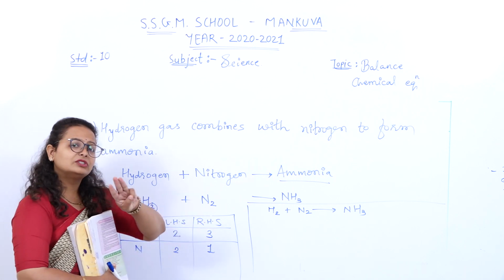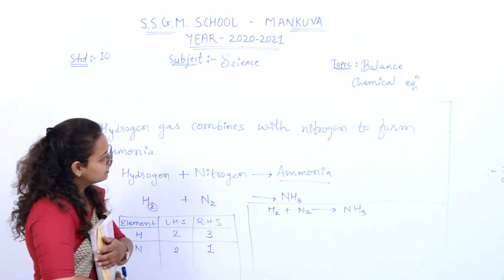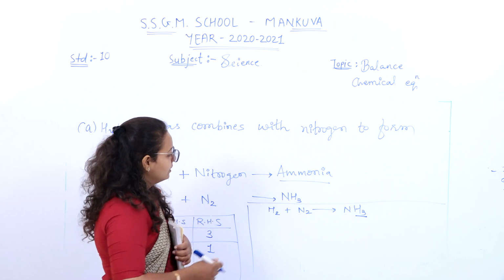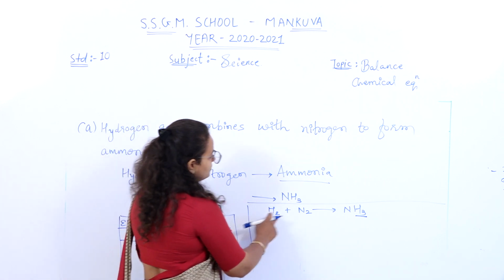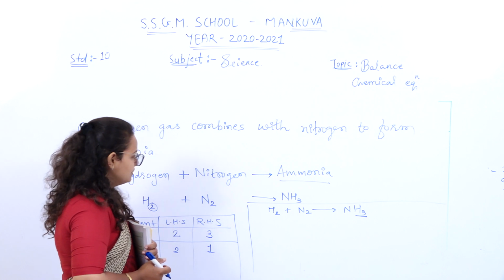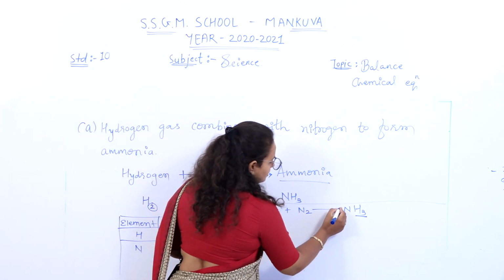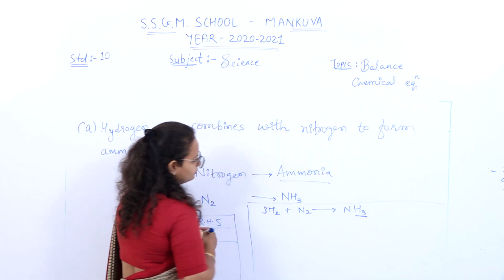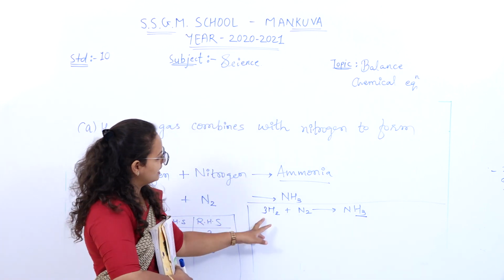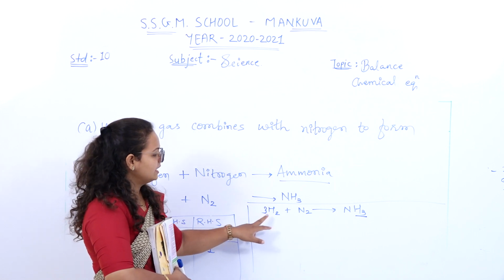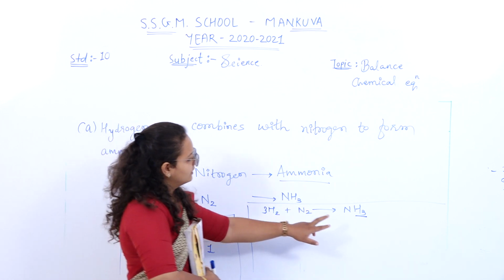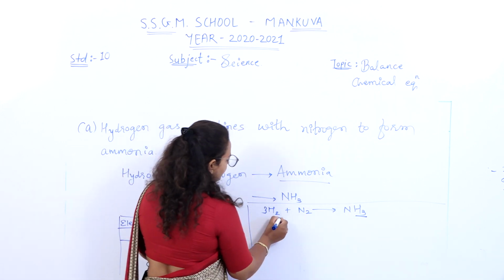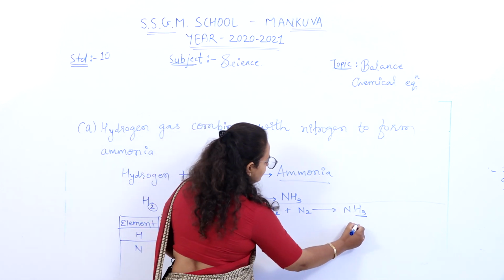On the right hand side 3 atoms are there. If I want to balance hydrogen on both sides, I will make 3 here. How many hydrogen are there now? 3 twos are 6. Right hand side 3. Now, left hand side 6 and here 3.